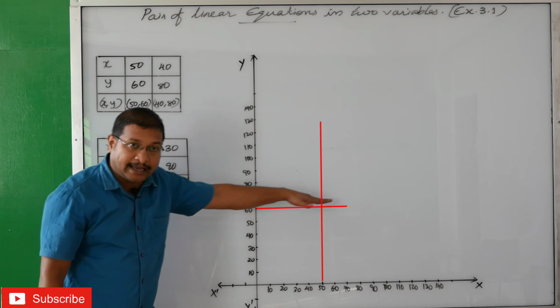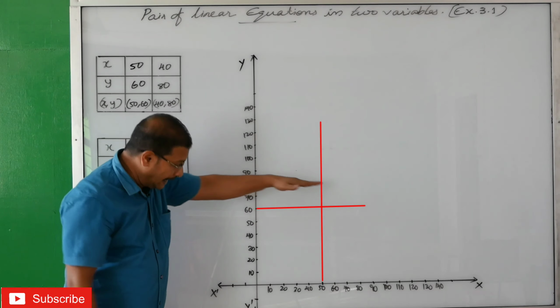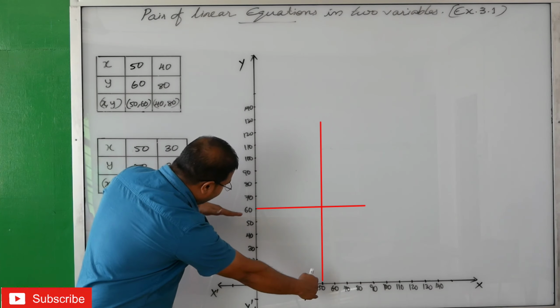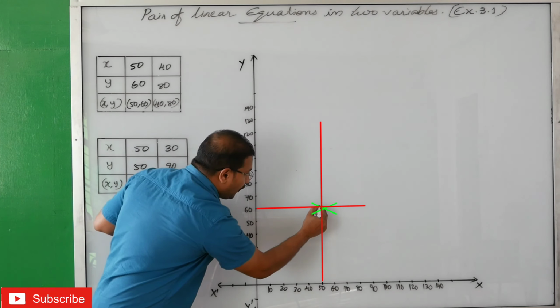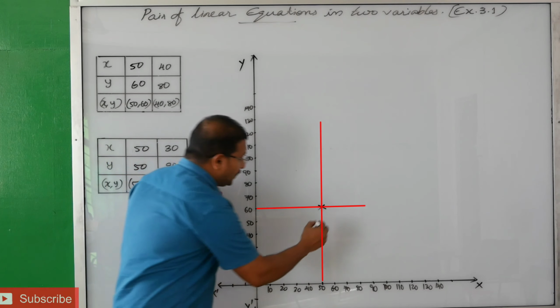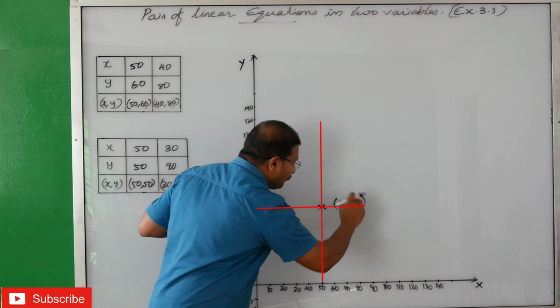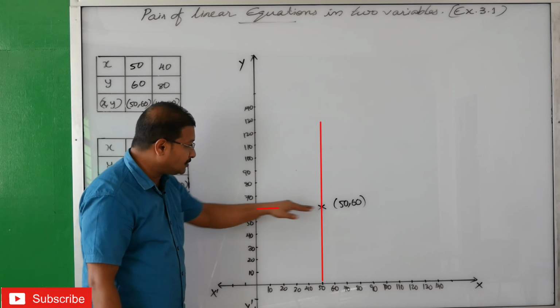So, see this 60, we can see one line. And this 50. So, these two lines are joining in this place, isn't it? So, this is the point 50, 60. X equals 50, y equals 60.